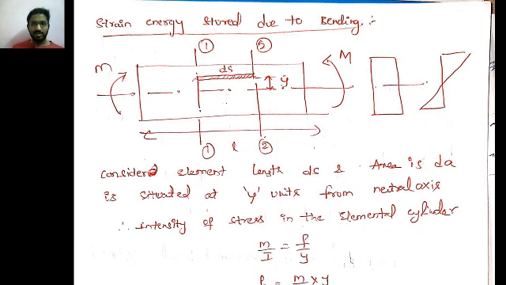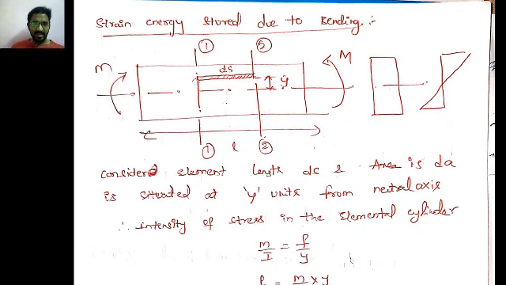We should not concentrate on this particular stress diagram. In each and every derivation we consider an elemental strip, because first we should calculate for an elemental strip in the member, then we can get the whole formula for the beam.